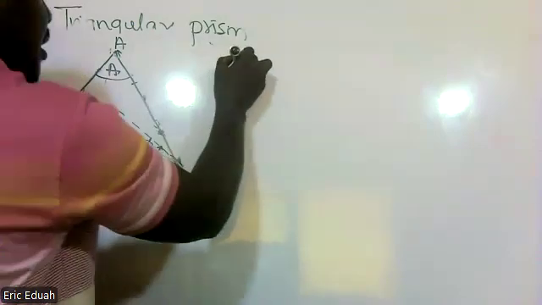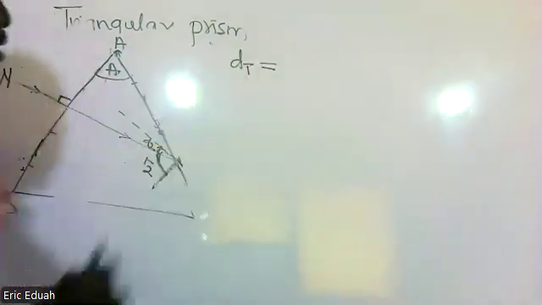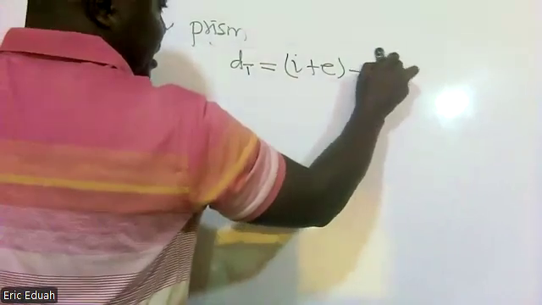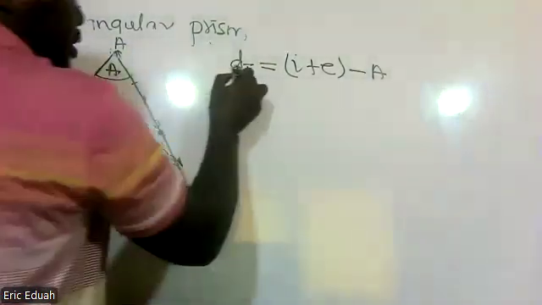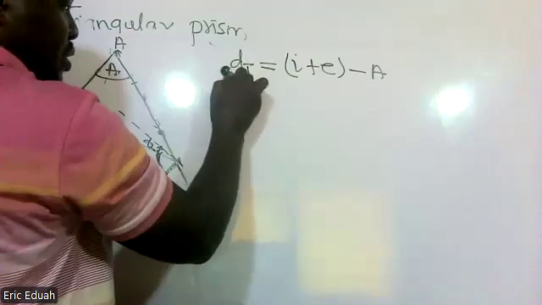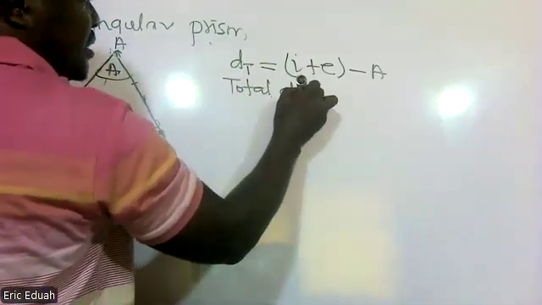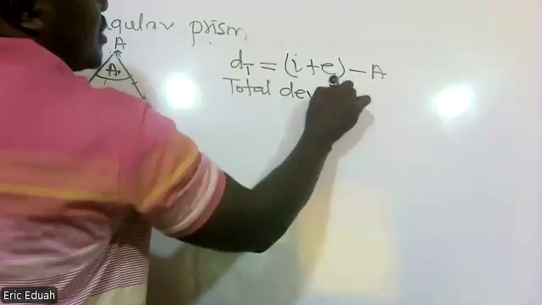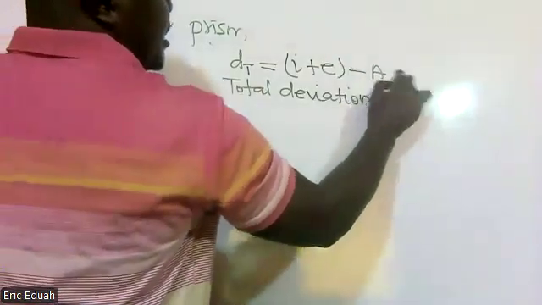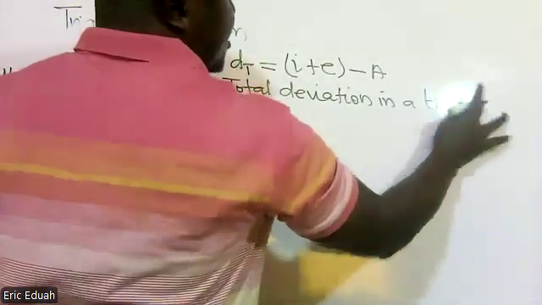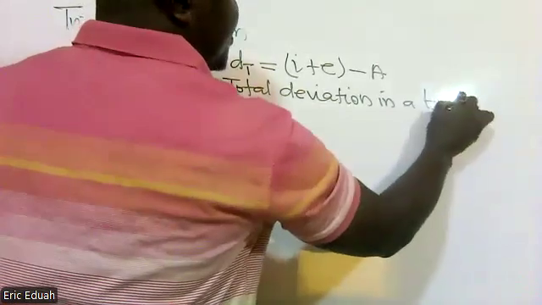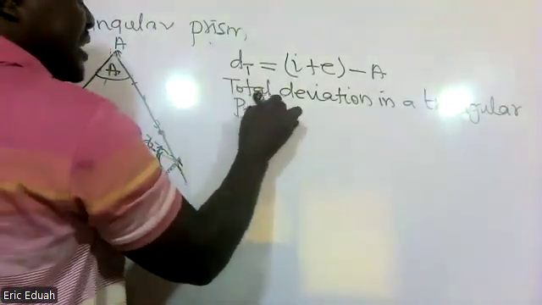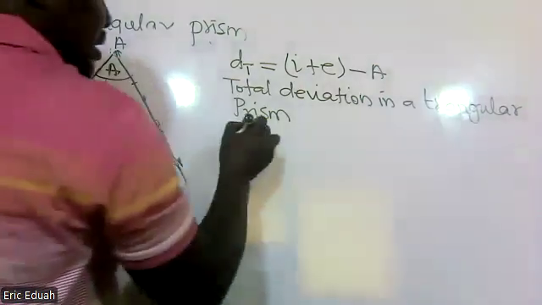From the total deviation, we've seen that it is equal to I plus E minus A. Meaning the total deviation in a triangular prism depends on some factors.